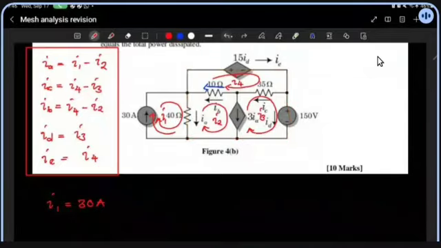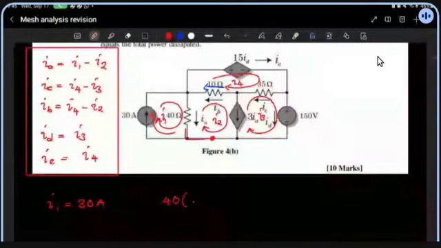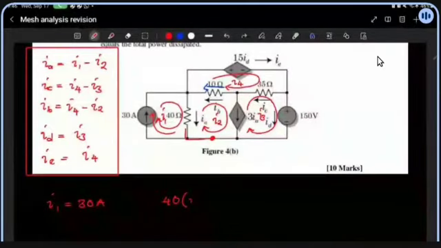For this one, however, much more straightforward. Let's say we start from here. We come this way, we find the 40 ohm resistor, so plus 40. We're looping through it as part of I2, mesh current 2, but it is shared with mesh current 1. We continue, we reach this one here, that's the 10 ohm resistor, so plus 10.